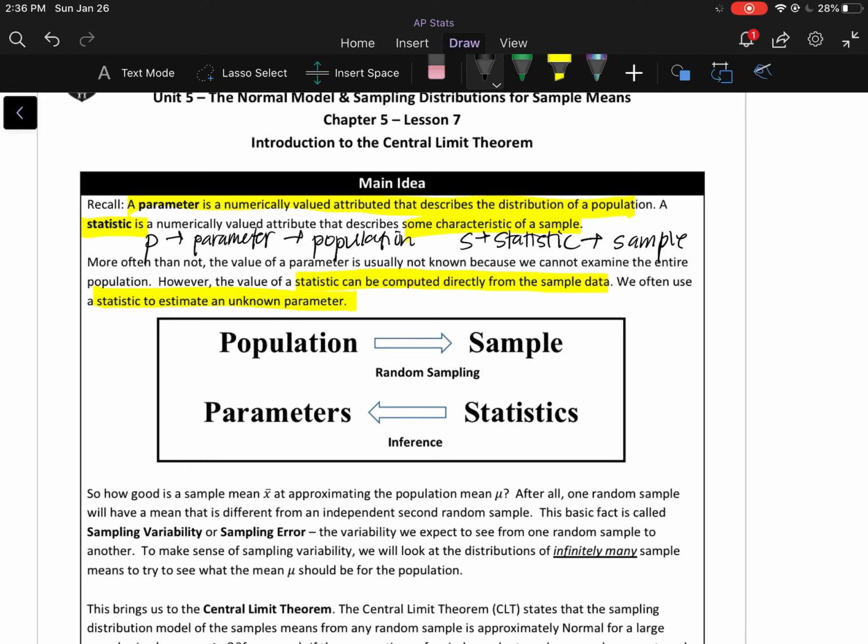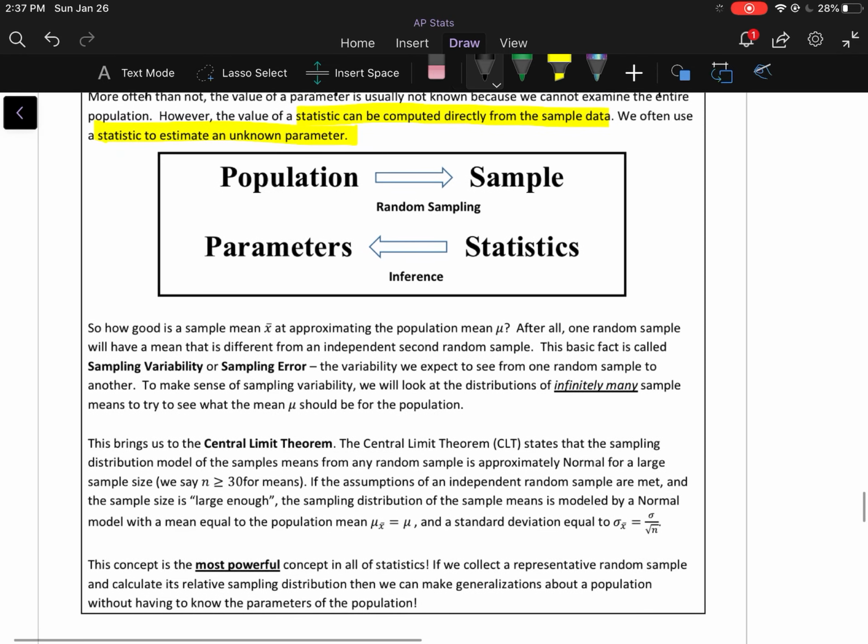So for example, if we choose students from LPS to complete a survey, this would be a sample of the entire population of schools in the Bay Area. So a sample is taken from the population.